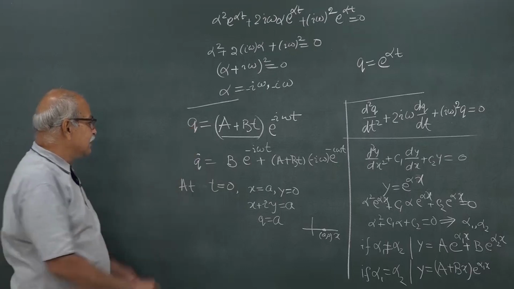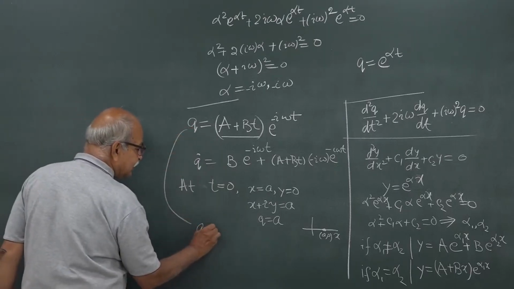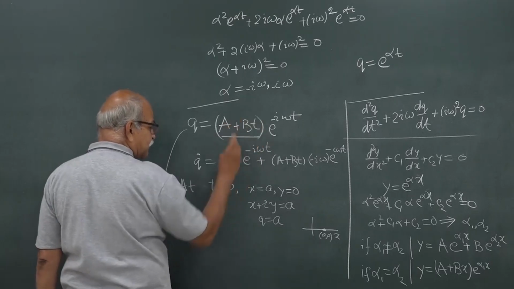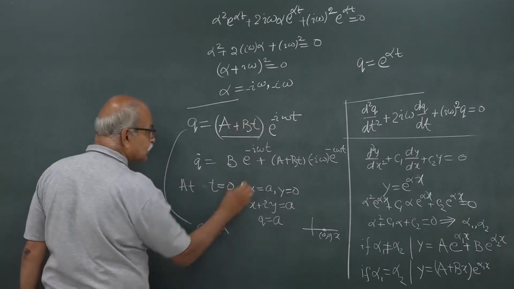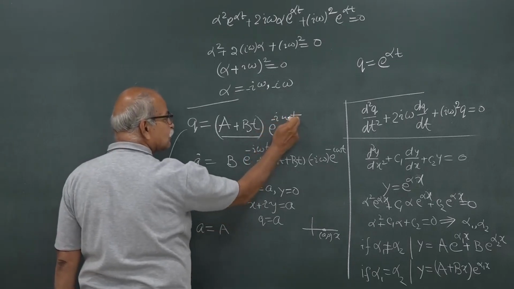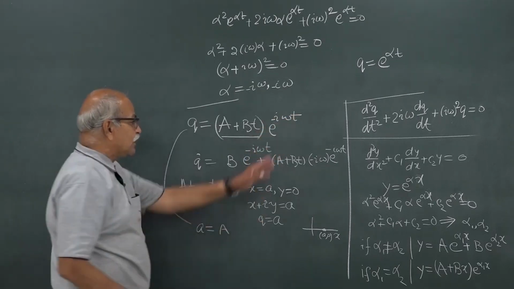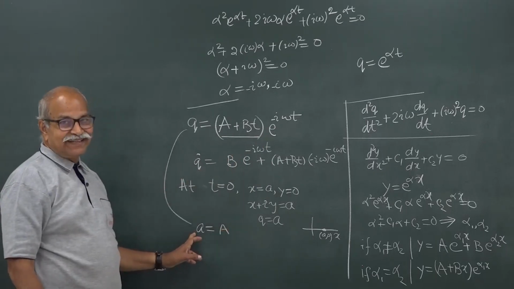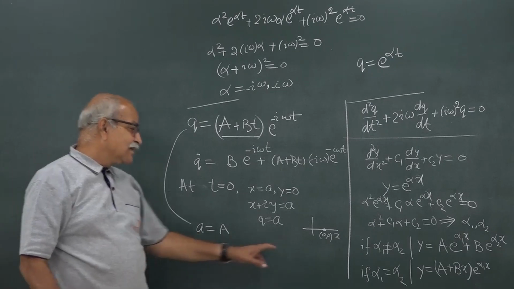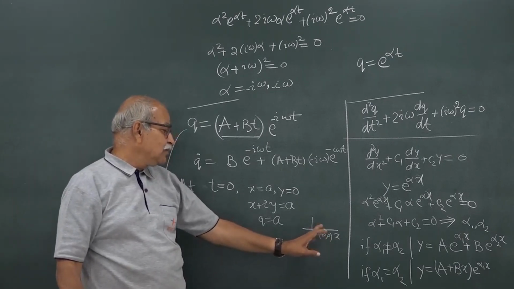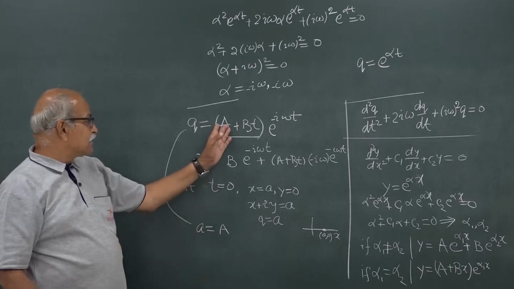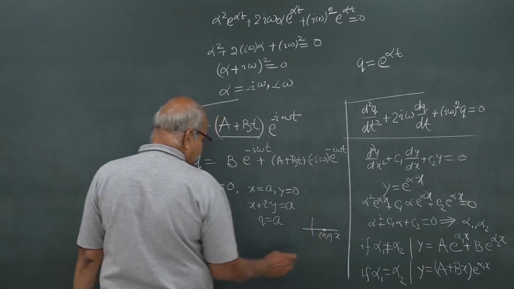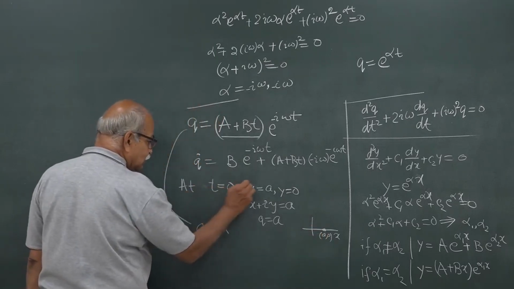So, use this thing here, small a is equal to, t is equal to 0, this factor is gone, capital A into e to the power minus i omega t, t is equal to 0. So, e to the power 0 is 1. So, just a, capital A is same as small a. We released this coin from this point a, 0, and that tells me that this capital A is nothing but a.